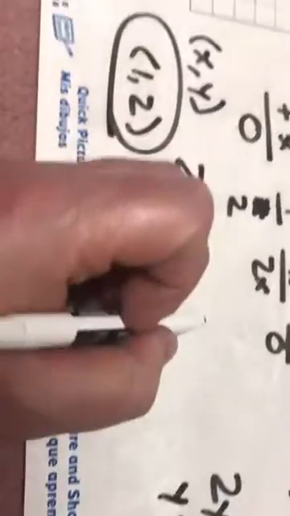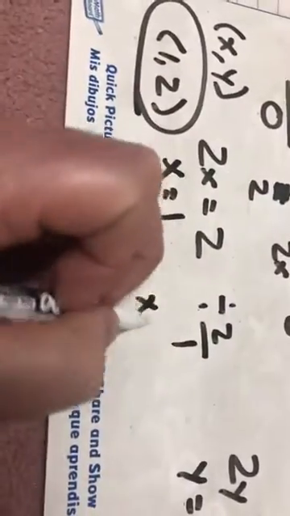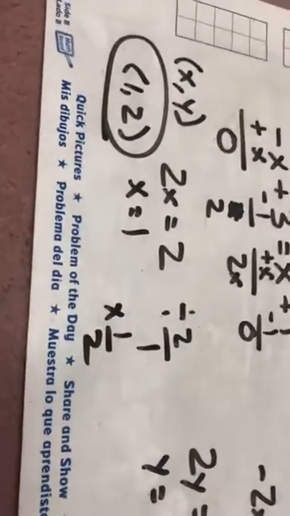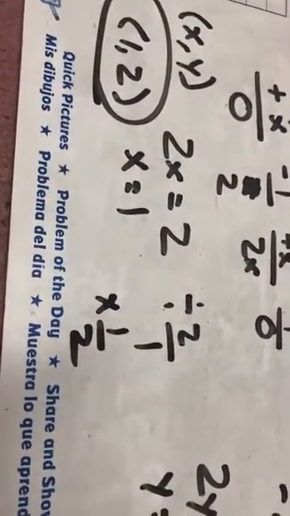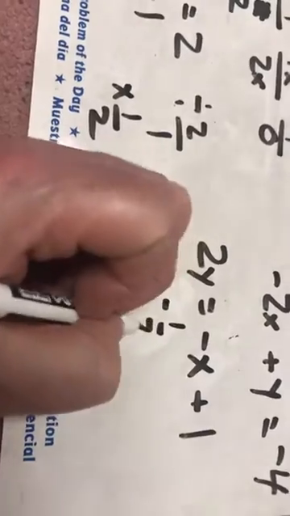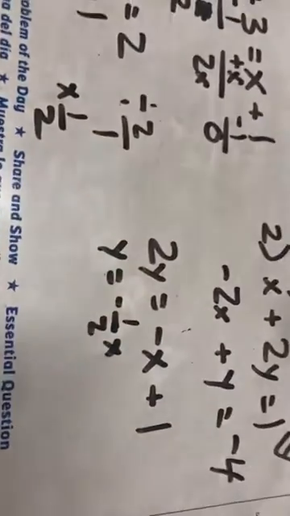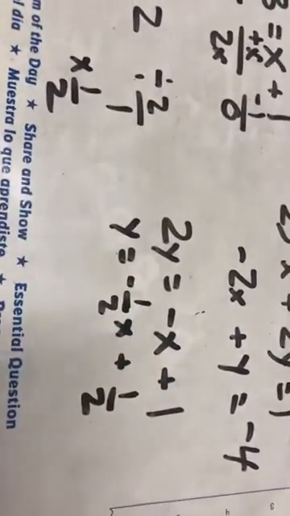When I divide something by 2 over 1, it's the same as multiplying it by 1 over 2. That's just a basic rule we learned back in division of fractions in 5th grade. So instead of negative x over 2, this is going to become negative 1/2 x, and then plus 1 over 2.